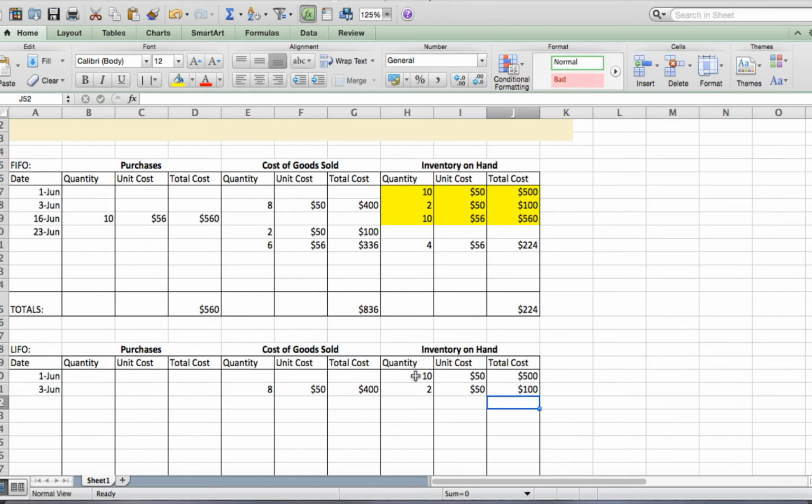At this point is when I highlighted out the top line because that's no longer accurate. And my total is now what's in the second line. Move on to my June 16th transaction, which will also look exactly the same. Purchasing 10 units, $56 a piece, $560 total.